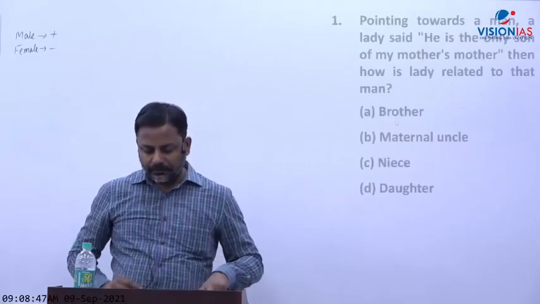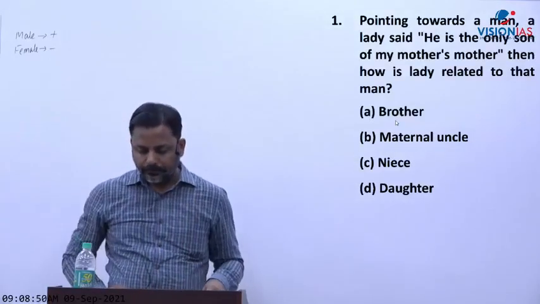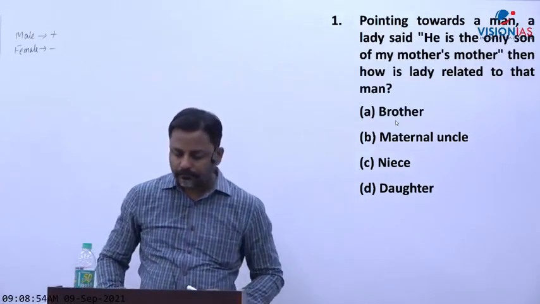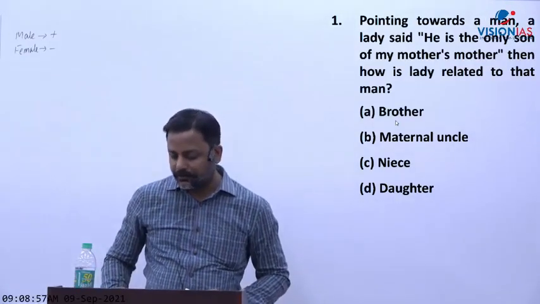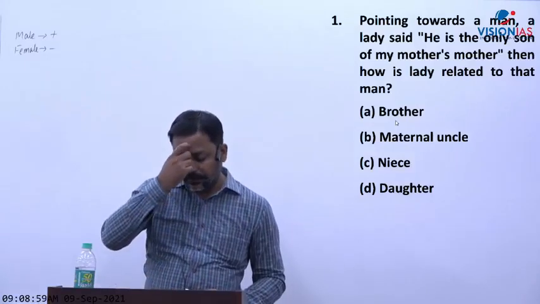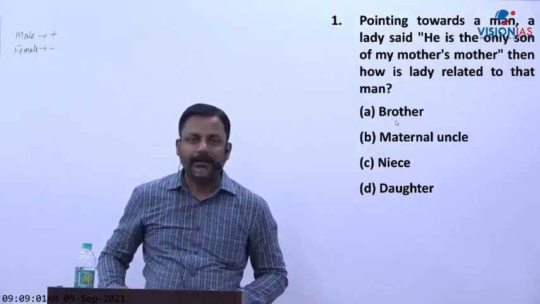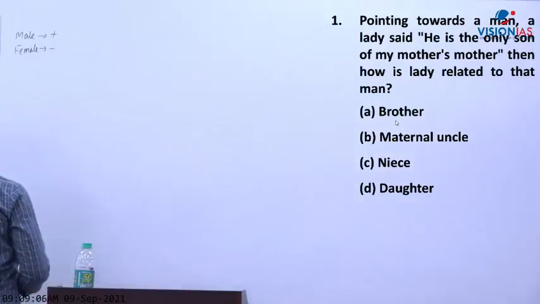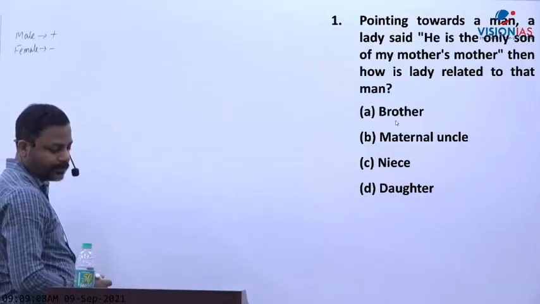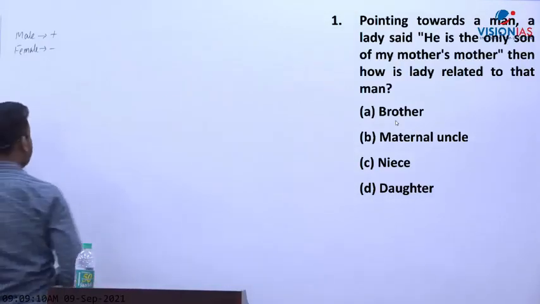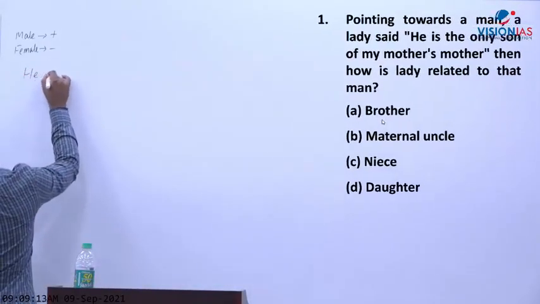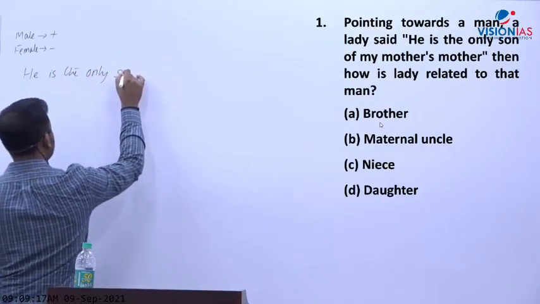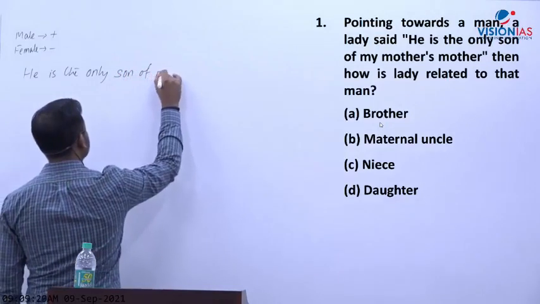Pointing towards a man, a lady said, "He is the only son of my mother's mother." We can solve this question directly also by reading the statement and making a chain of the relationship. So as per the statement, he is the only son of my mother's mother.